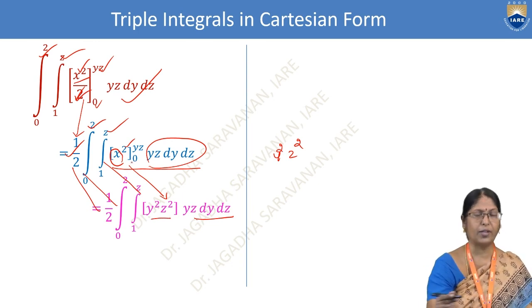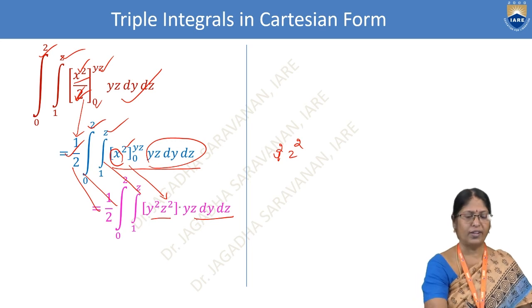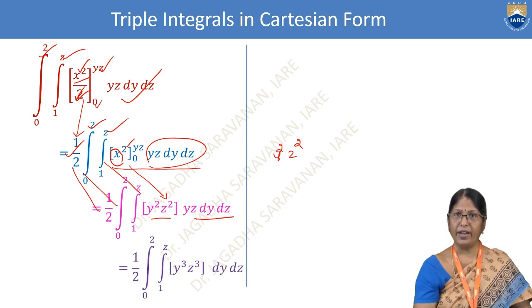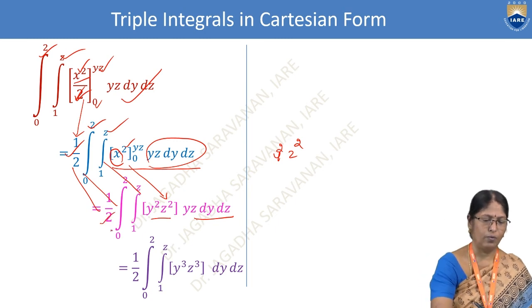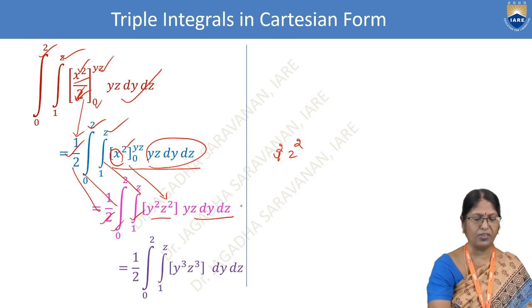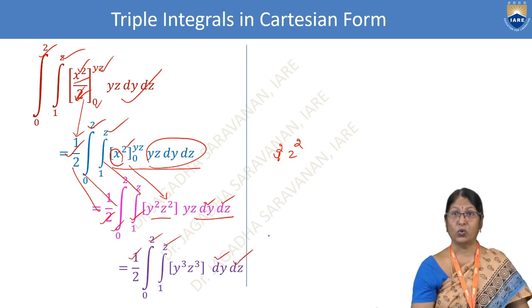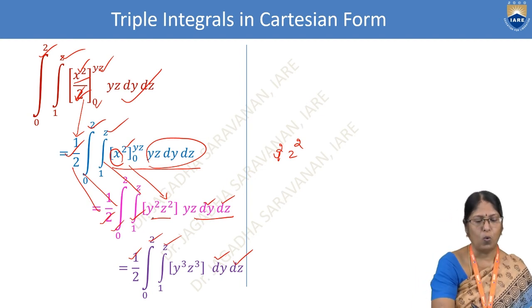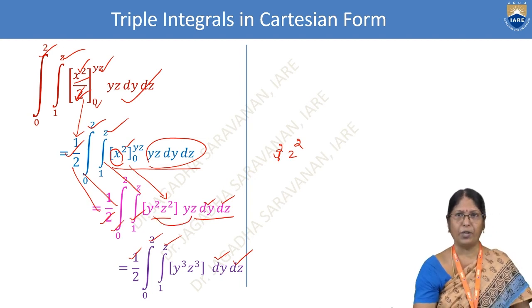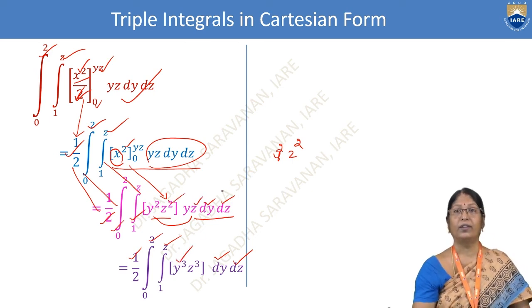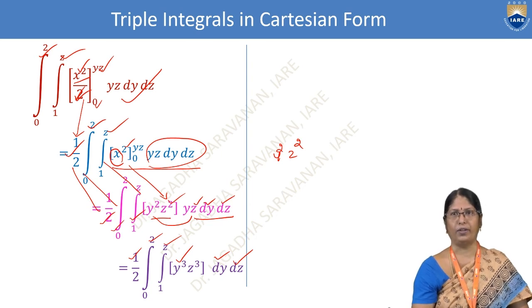The lower limit, anyway when substituted, will become 0. That is the reason it is not mentioned. The next one, wherever I am putting the tick, no changes. Where the changes came, only these two we multiplied. So y square into y cube, z square into z cube, we got.